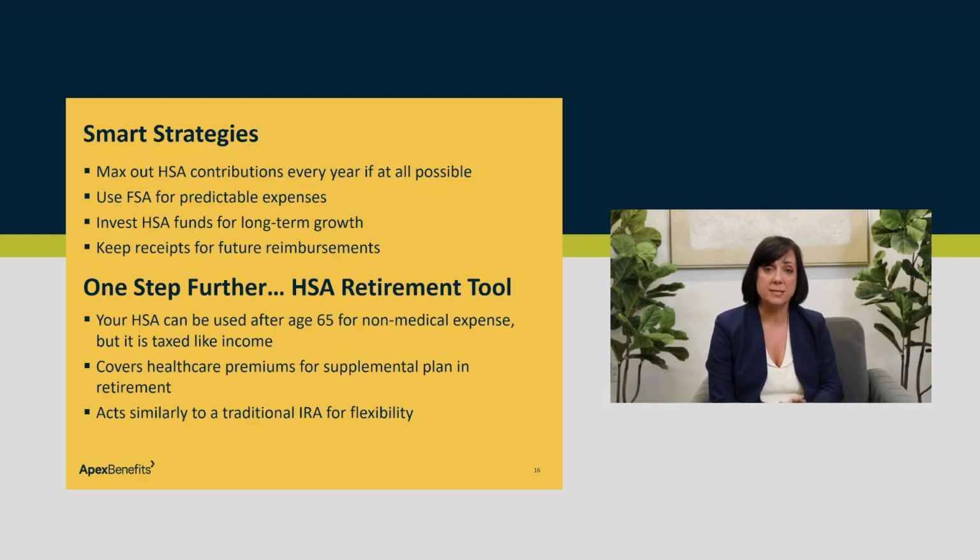Those are your funds and they do belong to you. But what you have to do is make sure that you're claiming those funds on your taxes because they will be taxed at the end of the year. You have to show it as an income. Because you didn't use it on qualifying medical, dental, or vision expenses, you do have to pay taxes on it, so therefore there's a penalty.